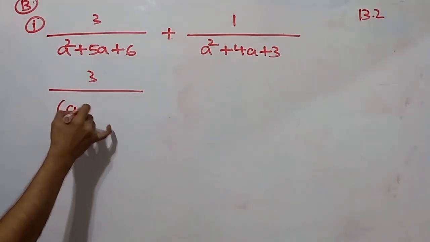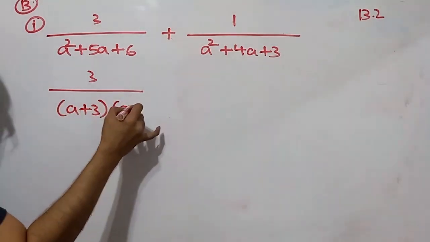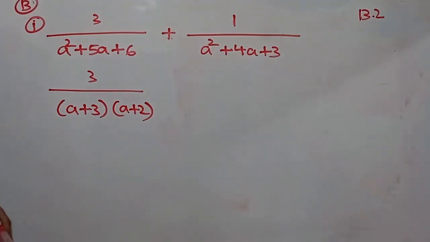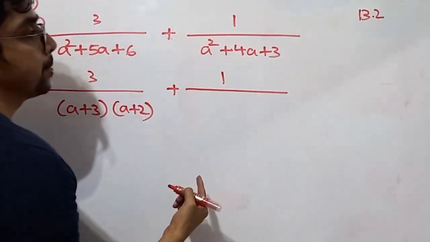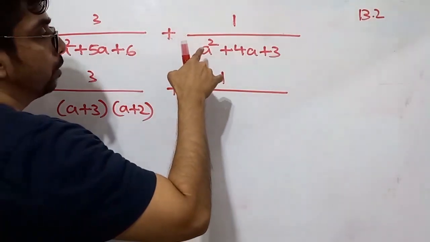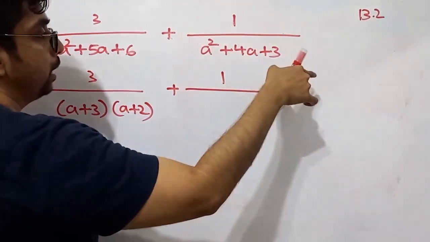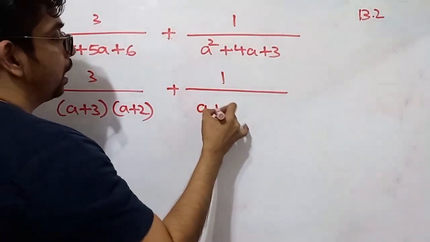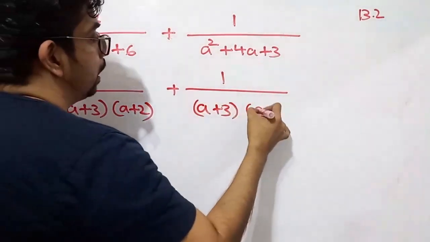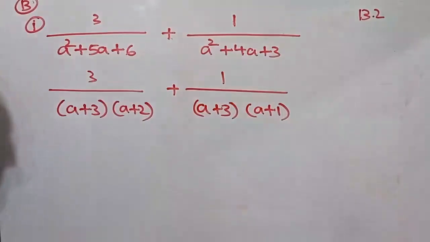So (a plus 3)(a plus 2). Then here, what do we have? 1 divided by, first term and the last term, 3a squared. Middle term is 4a. So 3 into 1. So (a plus 3)(a plus 1).